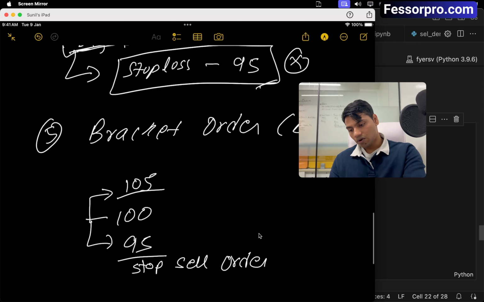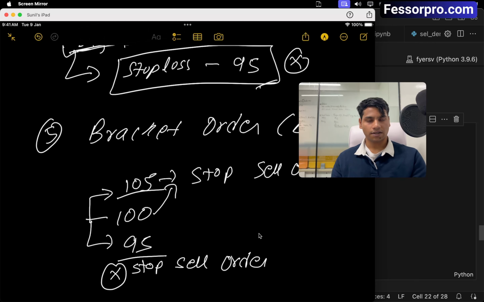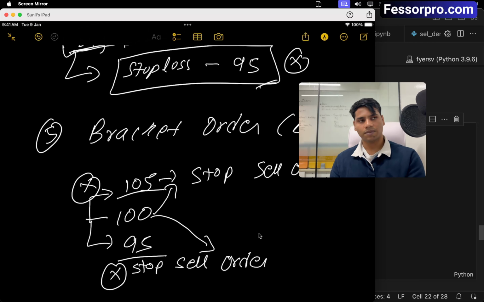Okay, and this will also be a stop sell order. Now whenever the market reaches 105, this order will automatically be cancelled. Now let's say the market breaches the lower limit, then this order will automatically be cancelled.